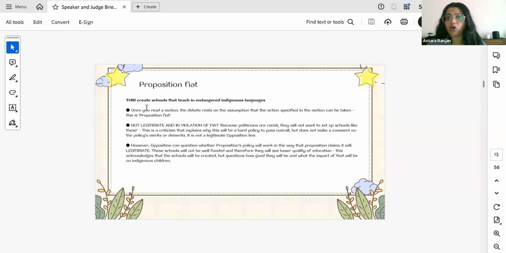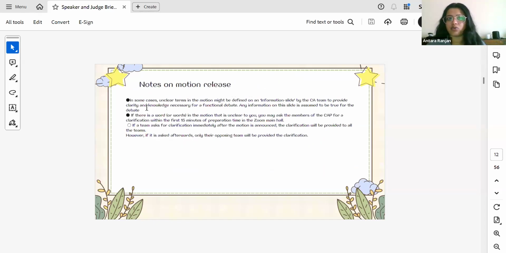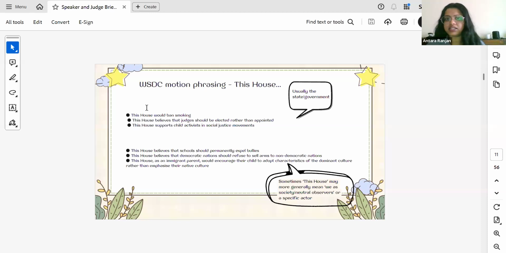To start with, all motions you will see have the words "this house" at the beginning. So, this house would ban smoking, or this house believes that schools should have uniforms. Two types of motions exist. Firstly, motions that talk about an action that can only be implemented by the government. This house would ban smoking. This house would make alcohol illegal. This house believes that the prime minister should stay in power for 10 years.